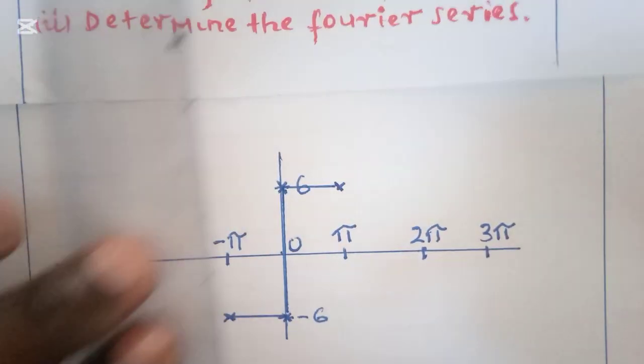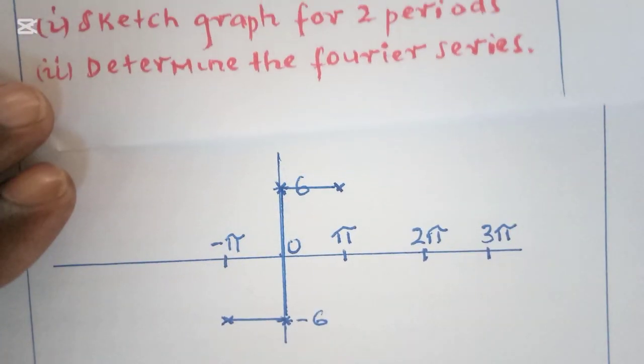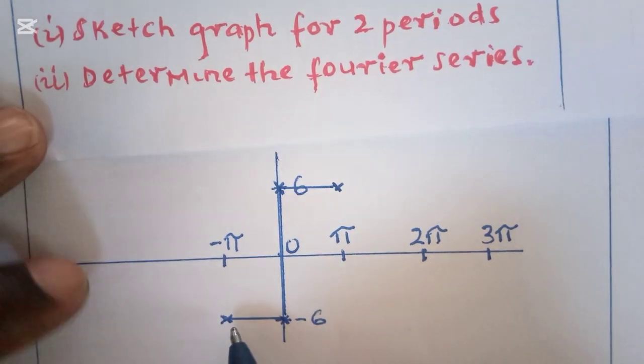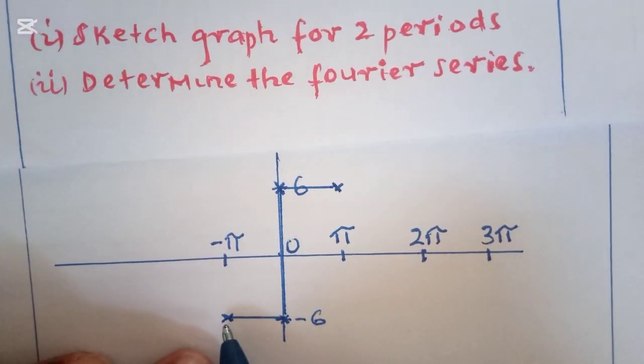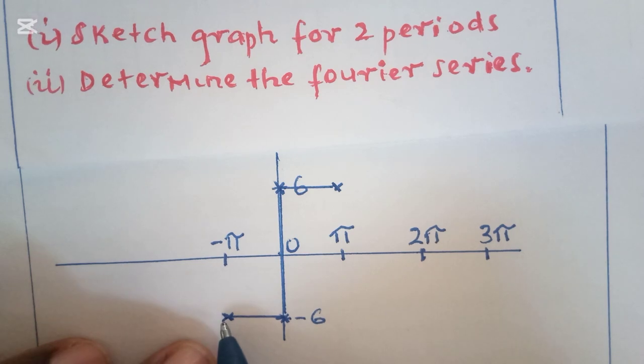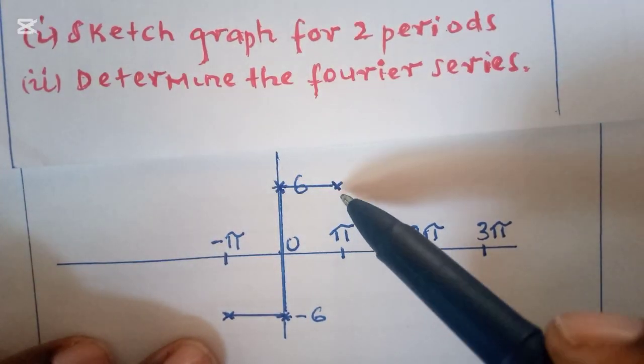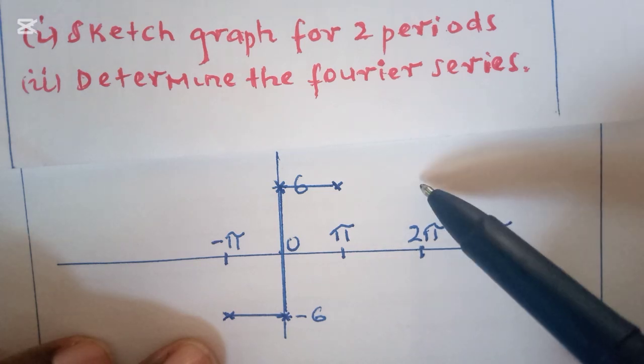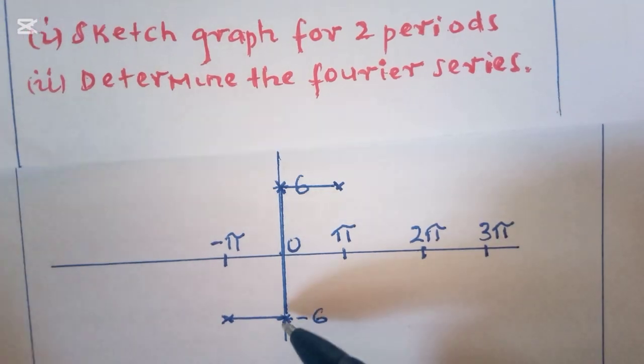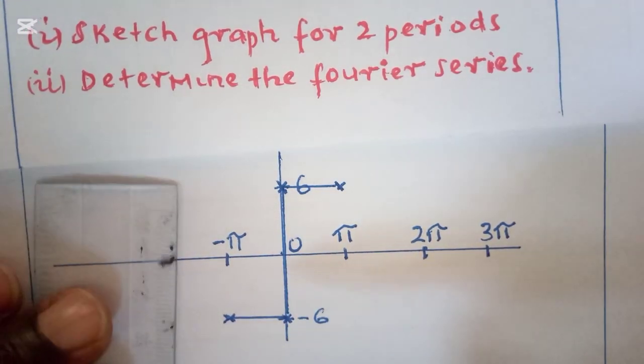Therefore, our graph is then going to go, because remember this is a complete period. If it moves like that, it will now go back again like that. Just as you can see, it's now going to go like this.